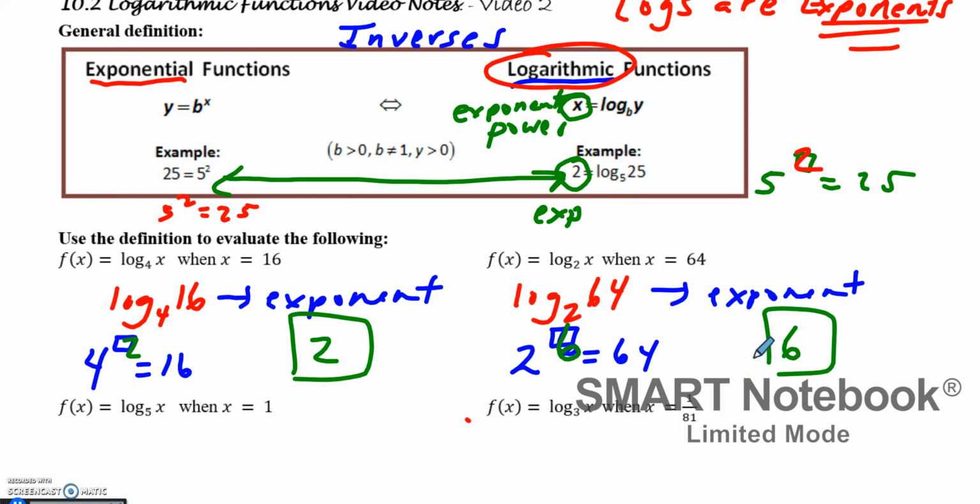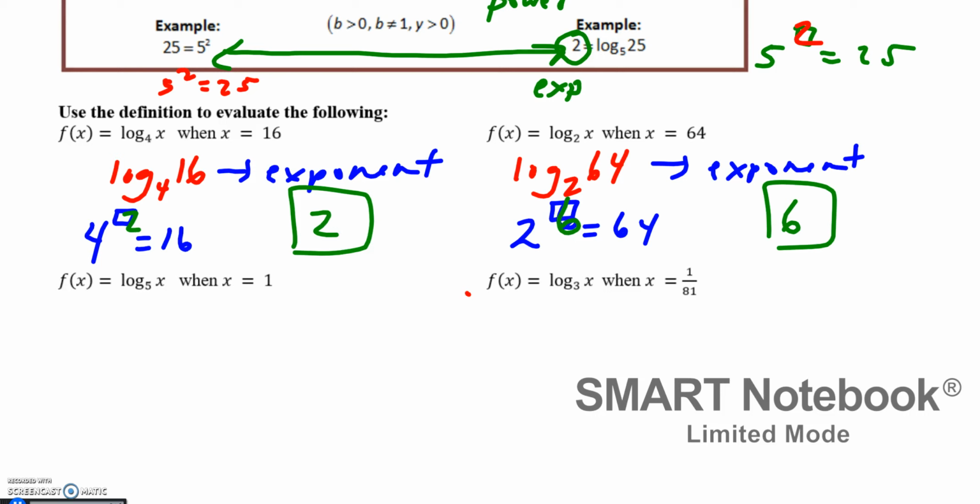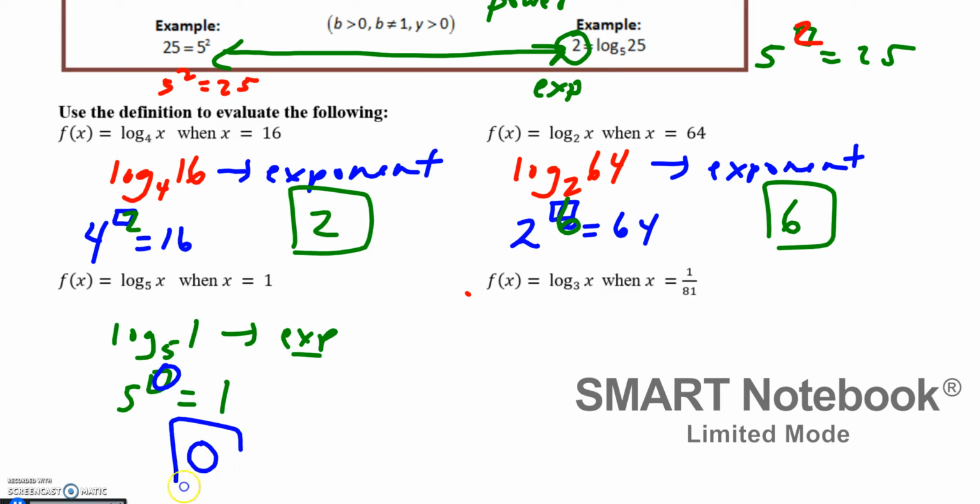So my answer is a single number. If I take a look at the third example, this is really log base 5 of 1. Base 5, I don't know what the exponent is, but I know it equals 1. If we think back to exponent rules, any base to the 0th power equals 1. So my logarithm, or my exponent answer, is 0.